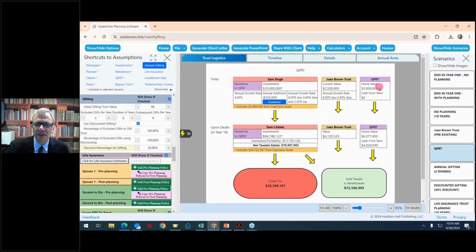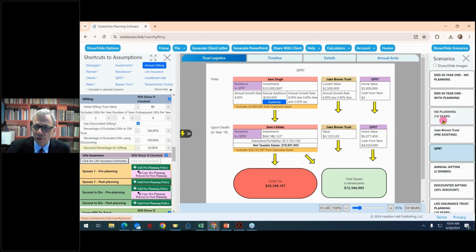It shows me the home is moved to the QPRT, and that in 18 years the home will be worth $6,077,000, and the cash reinvested from rent at the rate of return I chose, minus the taxes he's paying out of his estate, brings the cash in the QPRT to $4,020,000. The QPRT is disregarded for income tax purposes, so it pays no income tax, which helps reduce his estate. So that QPRT brings the estate tax down to $28 million.